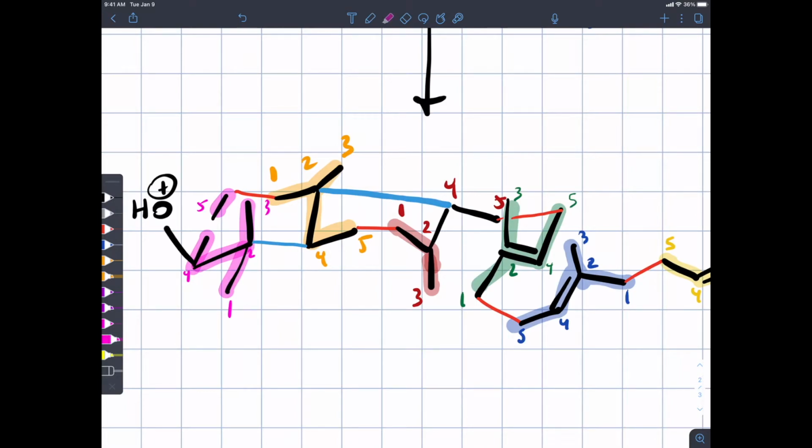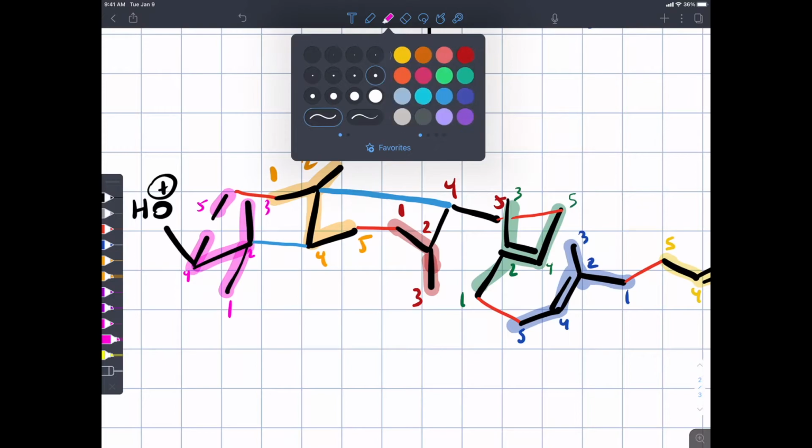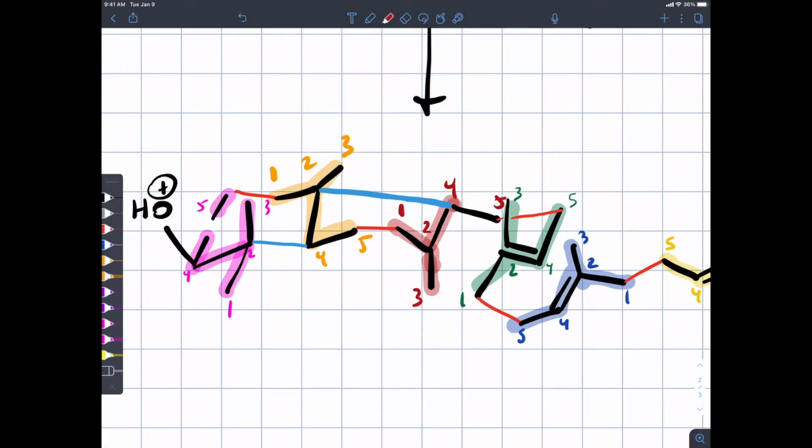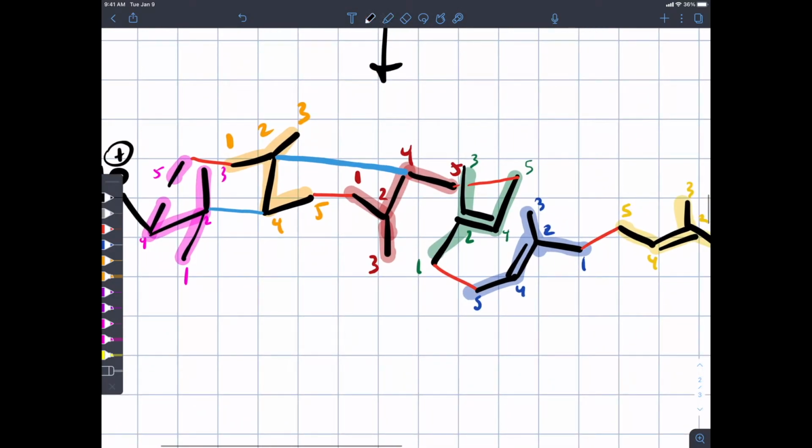That's kind of ugly looking, but we'll redraw that later on, and it's a 6-membered ring. Okay, and we now have a positive charge on red carbon 2, and we now have the alkene of the next isoprene unit positioned so as to be near that positive charge.